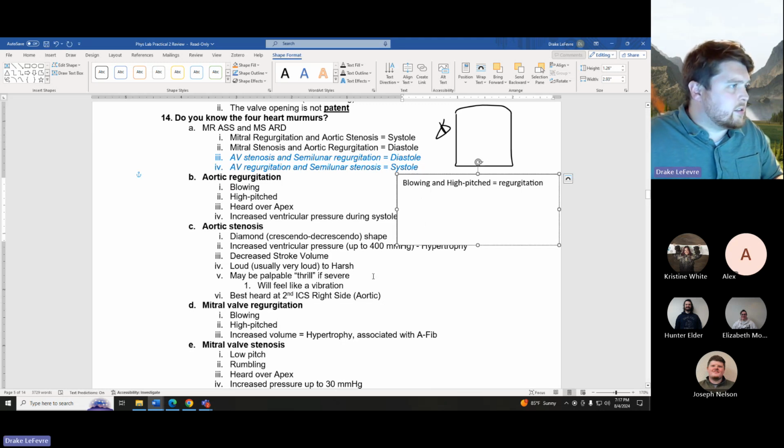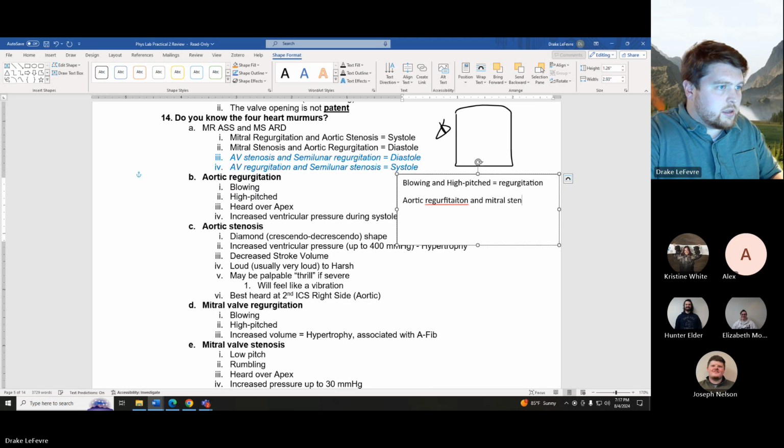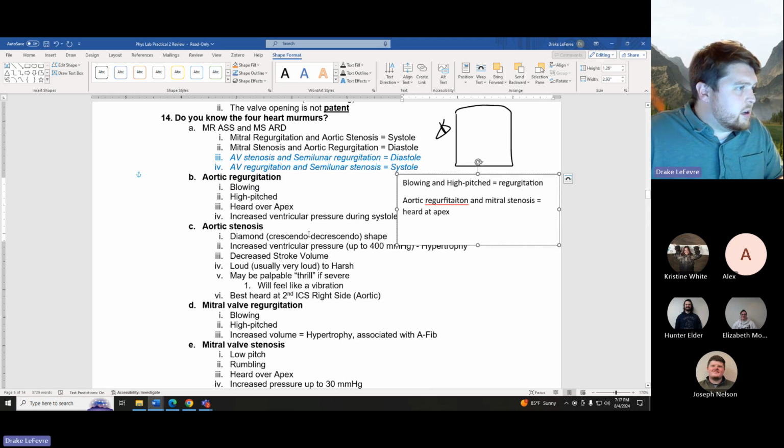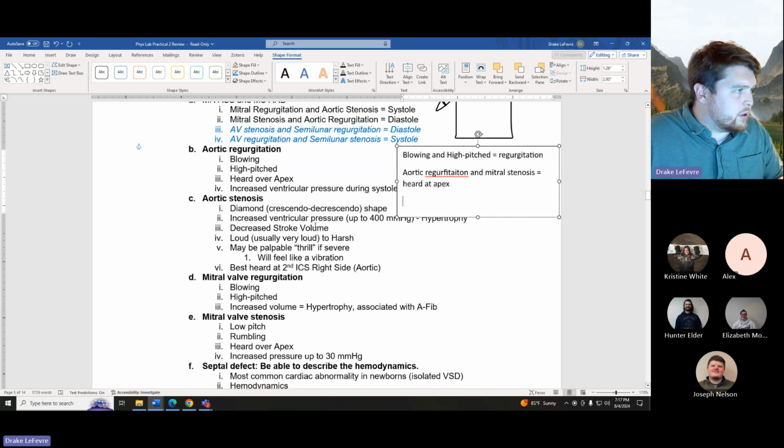And then the other connections, let's see. Aortic regurgitation and mitral stenosis heard at apex. Crescendo, decrescendo, that's the only one.